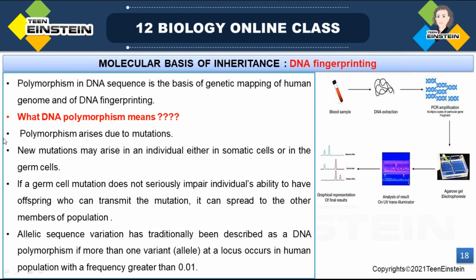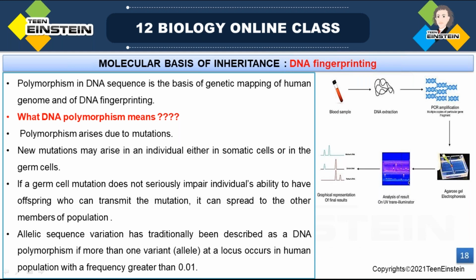Okay, so allelic sequence variation is described as DNA polymorphism when more than one variant is seen at the allelic level at a locus, and in a population the frequency should be more than 0.01%.